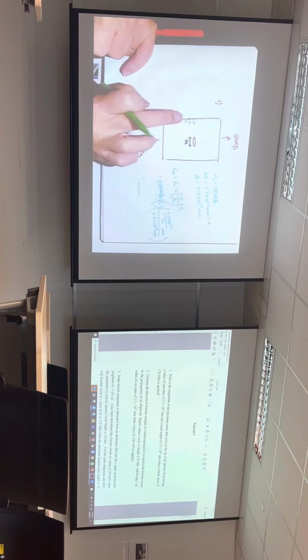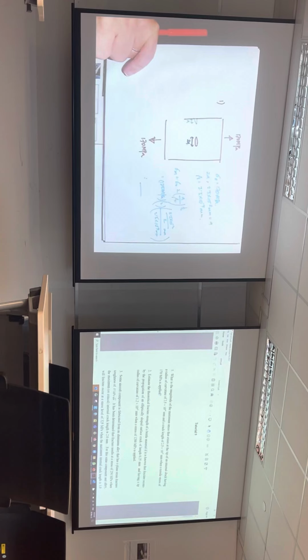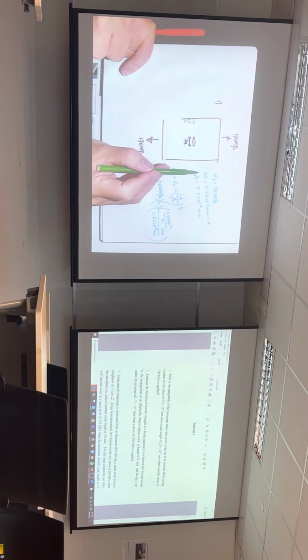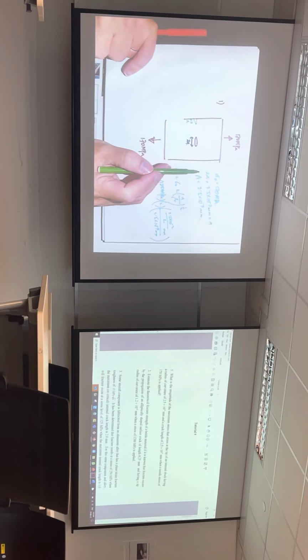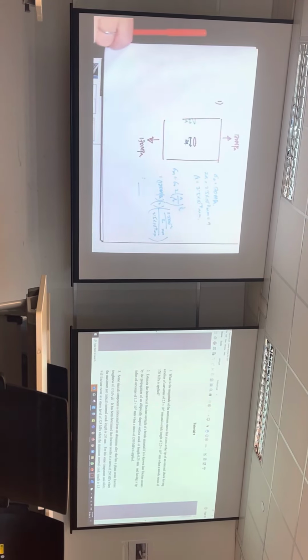For a surface crack, A is equal to this value. So just be very careful. A lot of students get trapped when dealing with internal and surface cracks. So this is the convention that we use in the equation. Other than that, this is a very straightforward question.